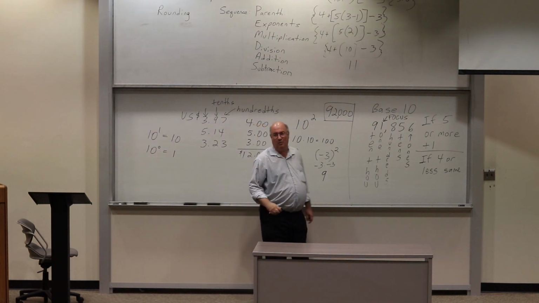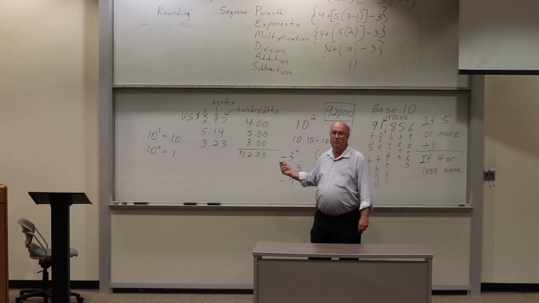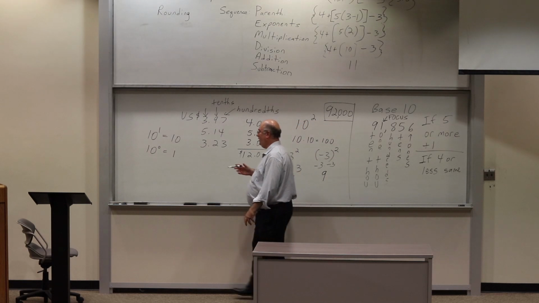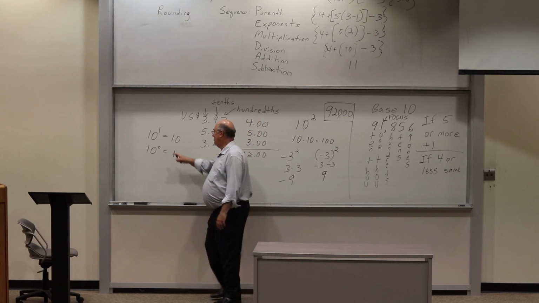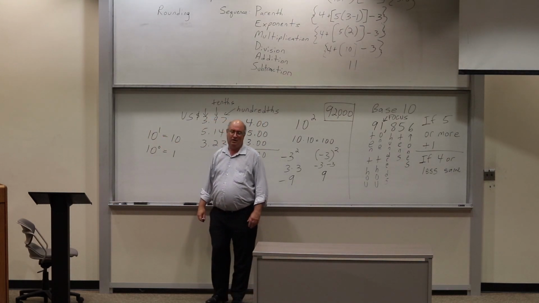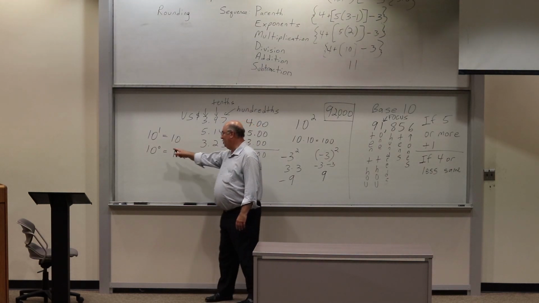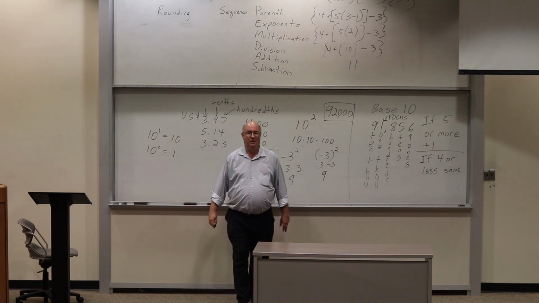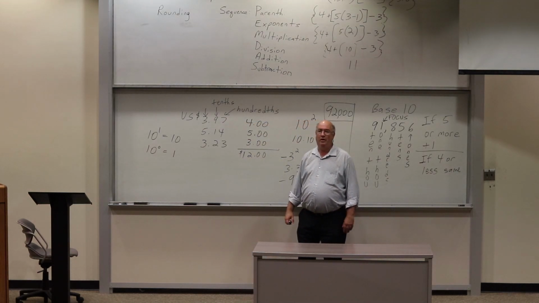Anything to the first power, any number, 10, a million, 50 billion, is the number itself. So if you have 10, 10 to the first is the same thing as saying 10. A lot of times we don't even bother putting the exponent there. And anything to the 0 power, whether it's 10 or 10 trillion, if it's a 0 power, it equals 1.